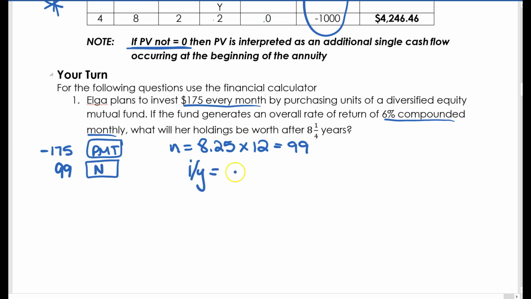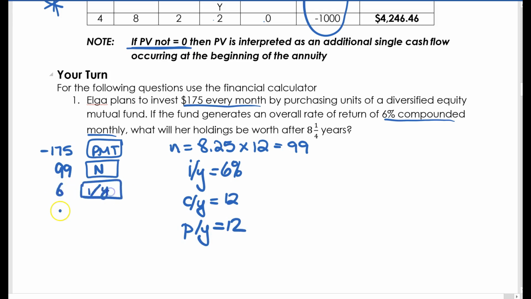IY, we're told, is 6%. Compounded monthly, so compoundings per year is 12. Payments per year is 12. So we do 6 IY. And then you do second IY, and then 12, enter. That enters your PY.